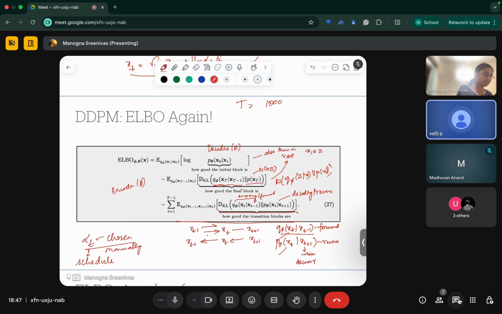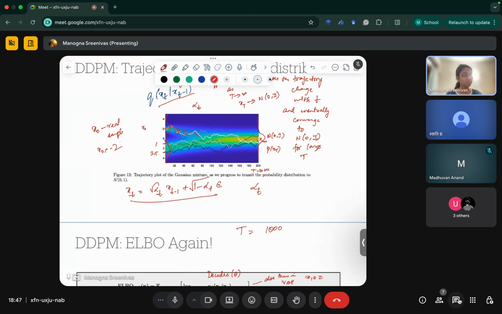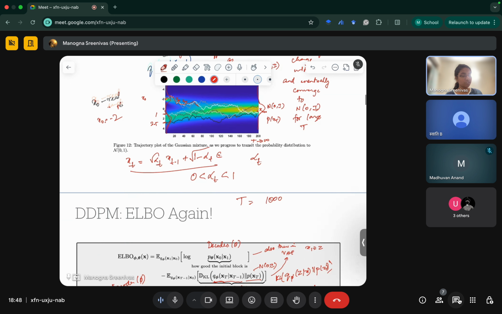Is there any heuristic to select this T parameter, so that eventually it's going to be the normal distribution in the end? If you choose this formula, which we have chosen here... Alpha t is a number between 0 and 1, obviously.